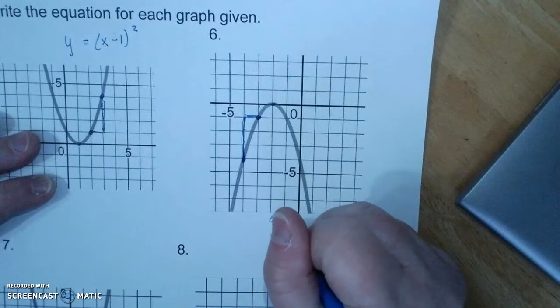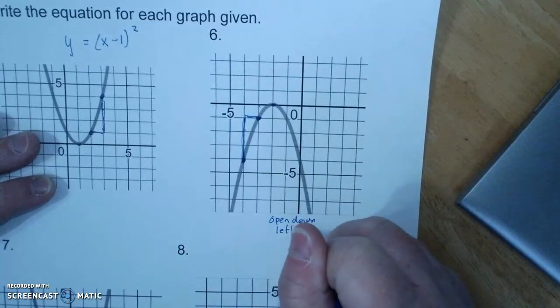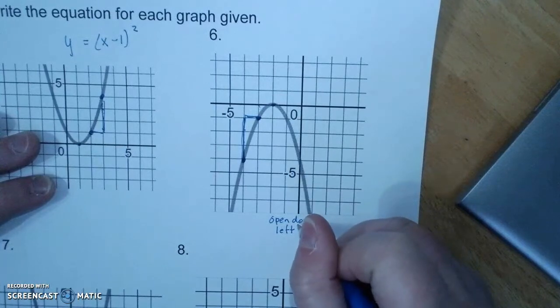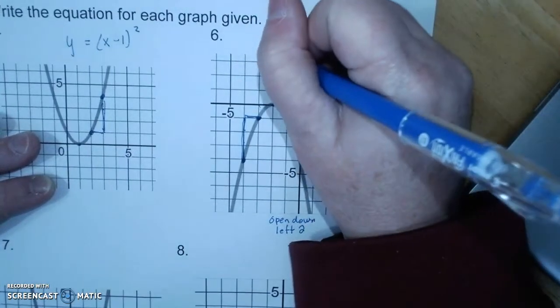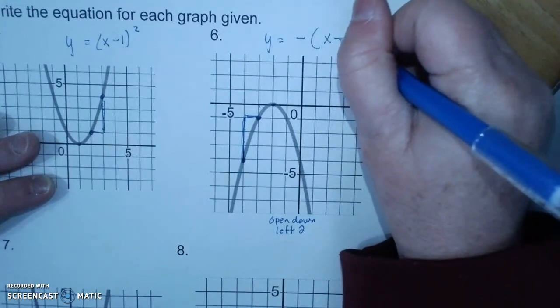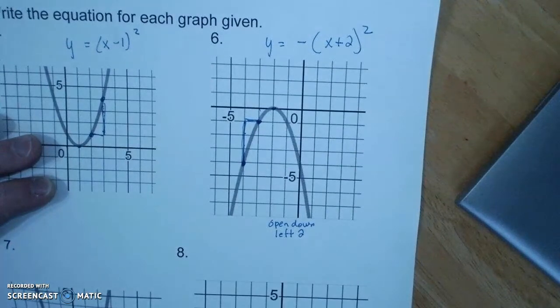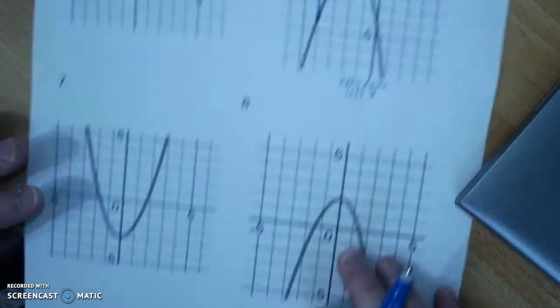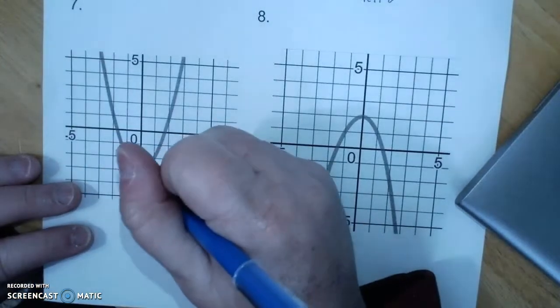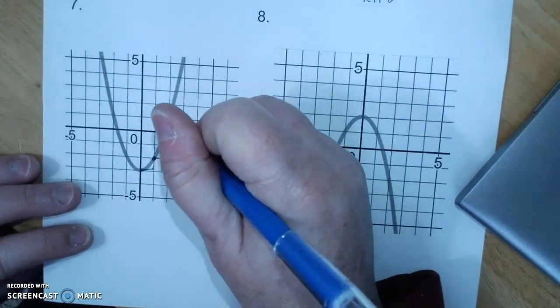This is opens down, left 2. So I would do y equals negative, opens down, left 2. Next one, here's my vertex, over 1, up 1, over 1, up 3.